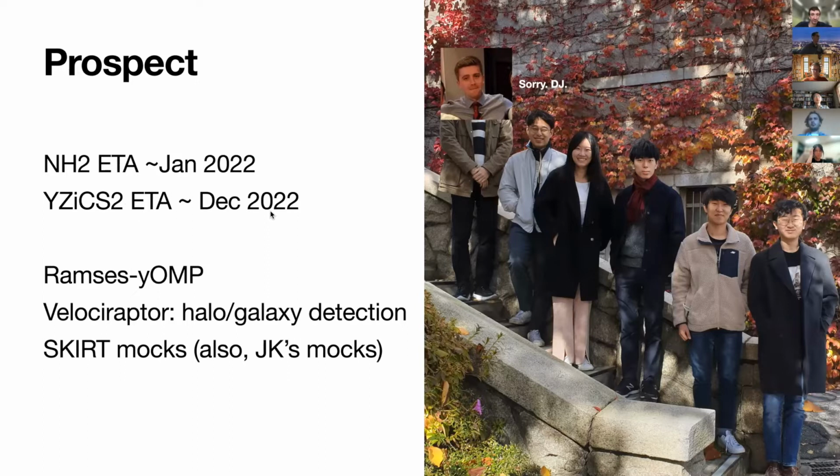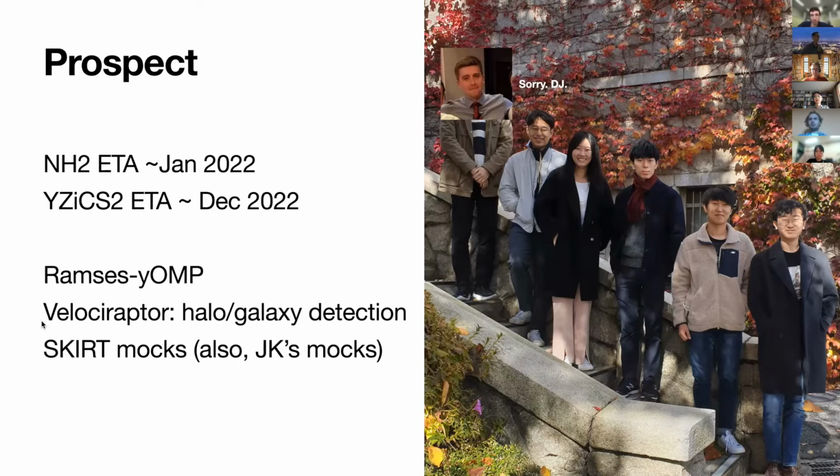YZX2 will be done about a year from now because it's still in the embryonic stage. And as a service, our team is trying to provide the code Ramses-Yomp. It's an OpenMP version of the code, which is being used by Sebastian, as I know, and also perhaps Yohan.